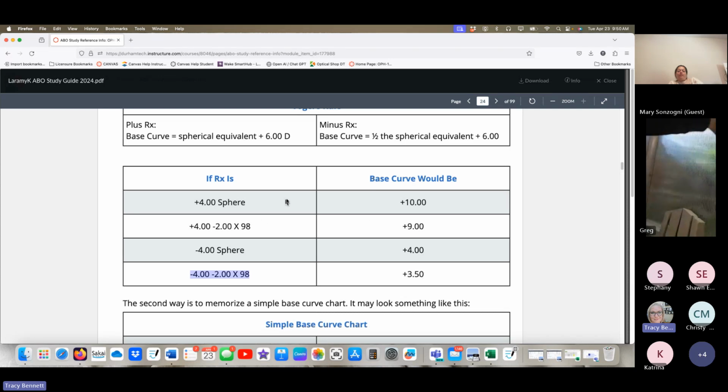So understanding how to figure out base curves by looking at these things is not so that you can call the lab and say, yo, I calculated it and you better put a 9 on this prescription. You know what I mean? This is so that you can make the best frame recommendation and product recommendation.